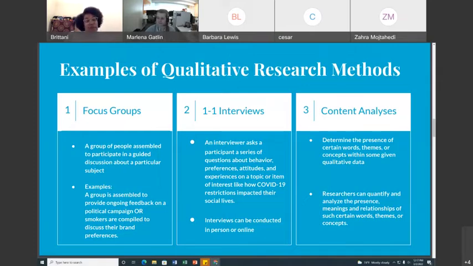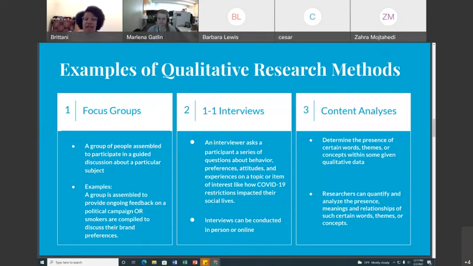Usually what ends up happening in that case, which makes it different than a focus group, is that whatever sample size the researchers have decided, you would do a series of one-on-one interviews and then do your data analysis after compiling whatever amount is determined.